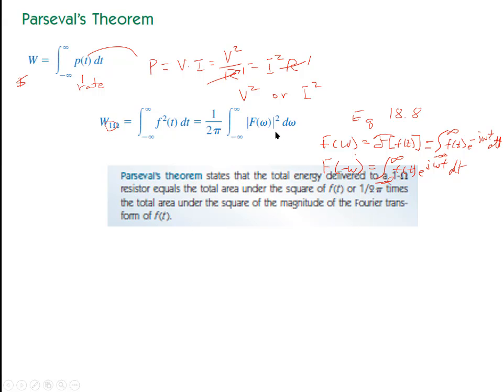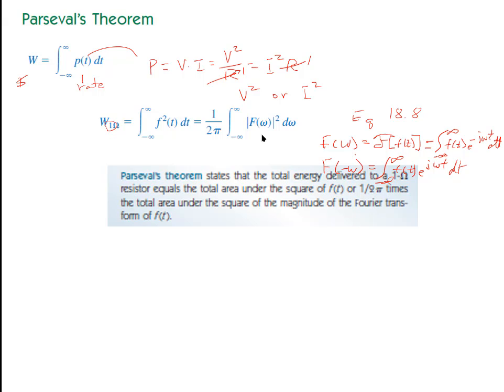That's what's going on here. Here's the magnitude of the Fourier transform, and there are the magnitude bars. Take the magnitude of the Fourier transform, square it, and integrate all the area under it, right? So it's 1 over 2 pi times that.